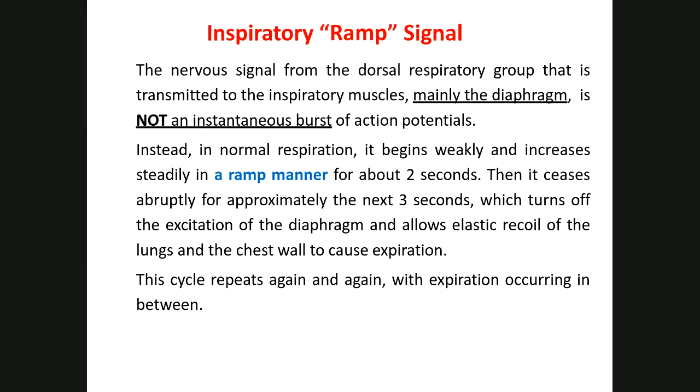There is one characteristic in the signal that is generated in the respiratory center. That signal has a characteristic which gives it the name of a ramp signal. In this regard, the diaphragm and external intercostalis are skeletal muscles, and like skeletal muscles, usually their contractions are supposed to be instantaneous, fast.